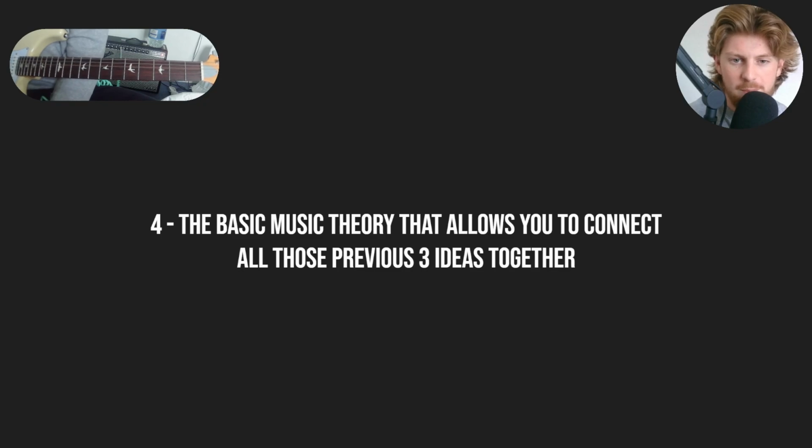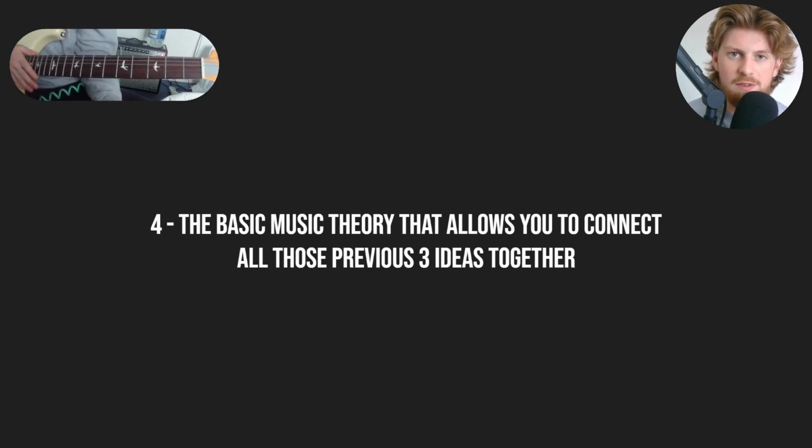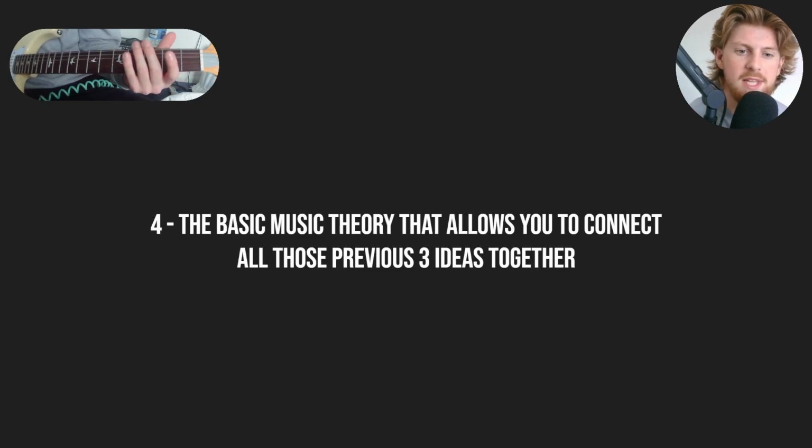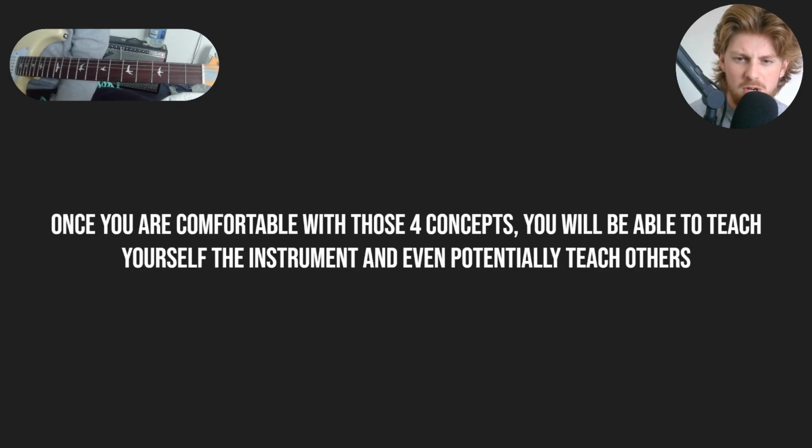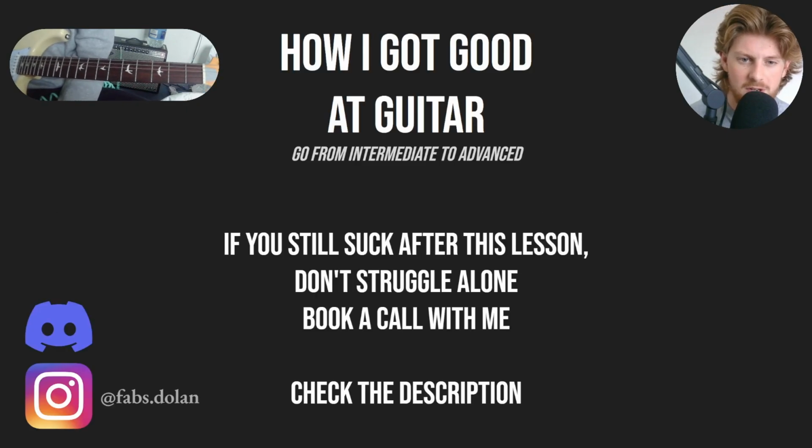And 4, the basic music theory that allows you to connect all of these previous ideas together to unlock that freedom to do whatever you want, listen to whatever you want, and be able to figure it out with ease. Once you're comfortable with these 4 concepts, you'll be able to teach yourself the instrument and even potentially teach others, right? This has been how I got good at guitar.